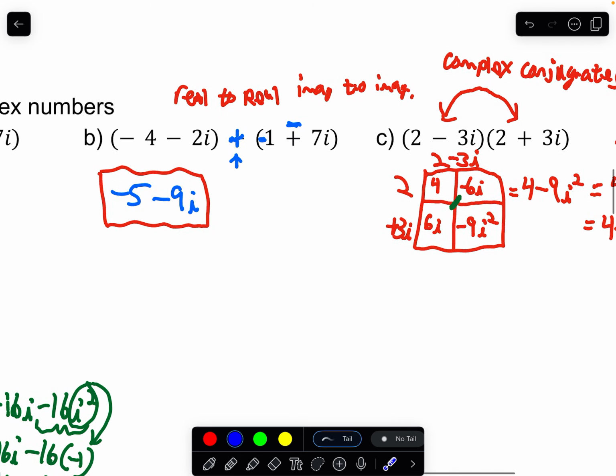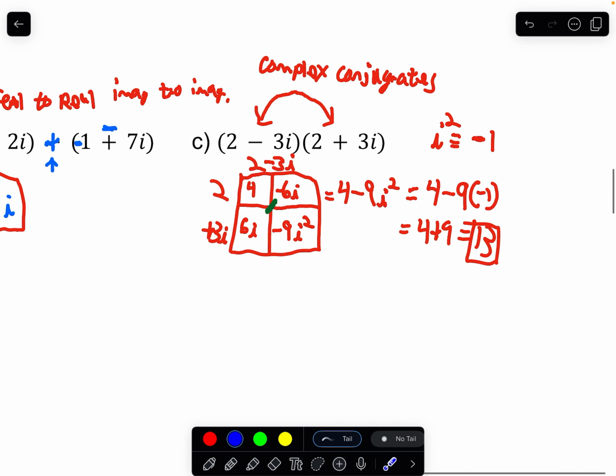Pretty straightforward. Now when you multiply two complex numbers, and I pointed out these are complex conjugates, you just multiply two binomials. So however you want to do it. If you want to FOIL, first, outer, inner, last, and write them out, that's great. If you want to draw the box, that's great too.